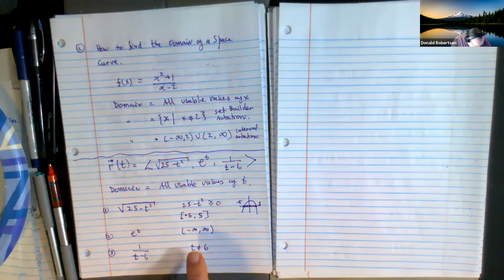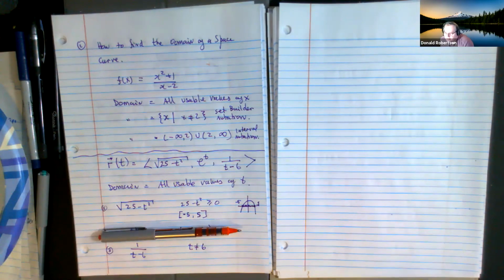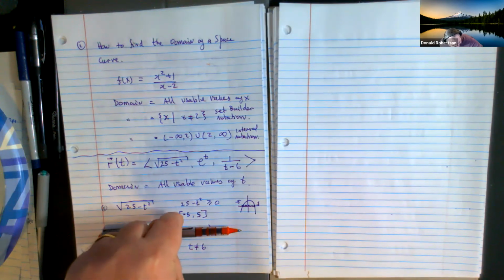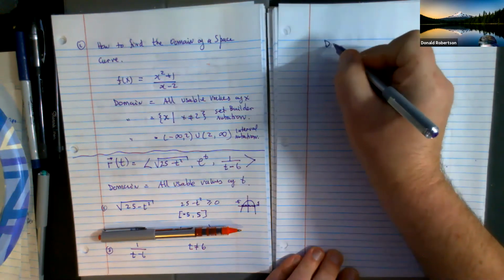Now, this one here really doesn't bring anything to the table, so I could pretty much ignore that one, right? According to this, you must use numbers between -5 and 5. And according to this, you're not allowed to use 6. Now you put that package deal together, what would the restrictions be?